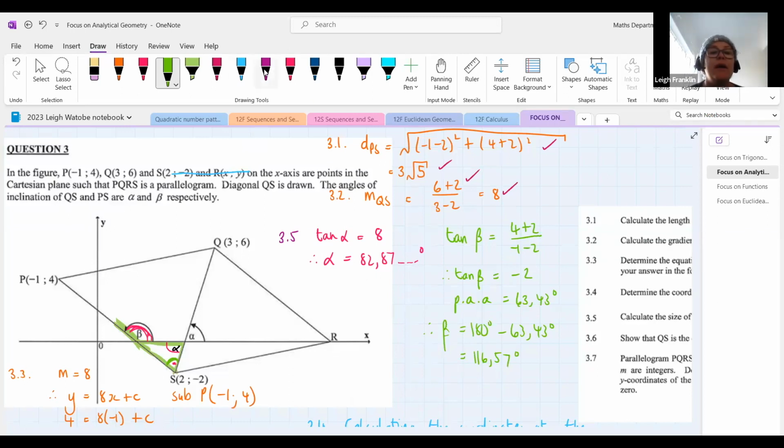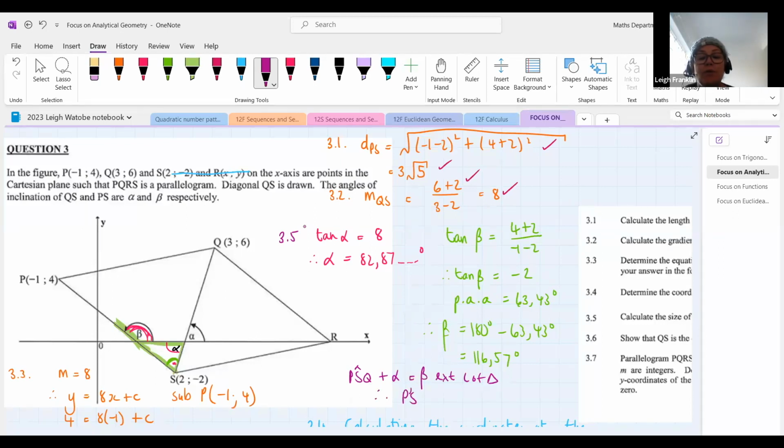Now I can say that angle PSQ plus alpha equals beta because of exterior angle of triangle.